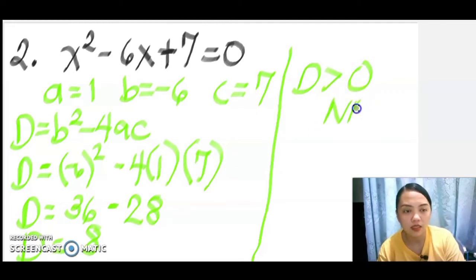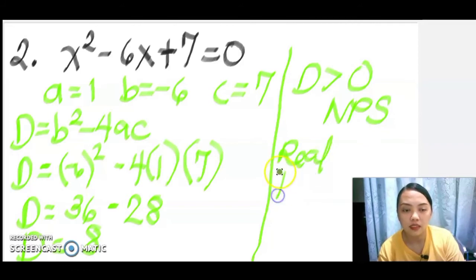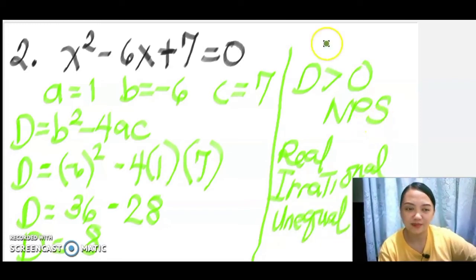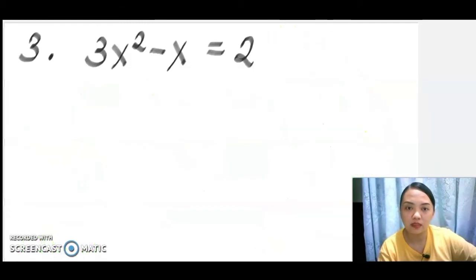So, D is greater than 0 and at the same time, not a perfect square. So, the nature of roots of this quadratic equation is real, irrational, and unequal.